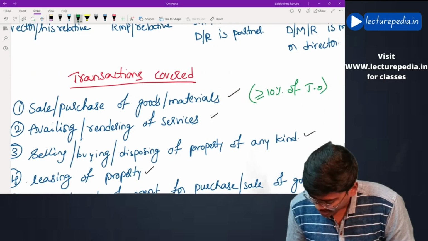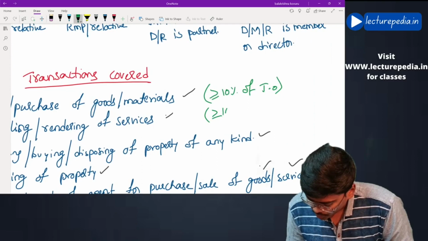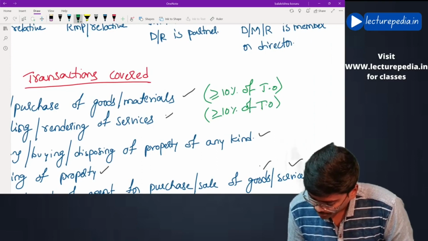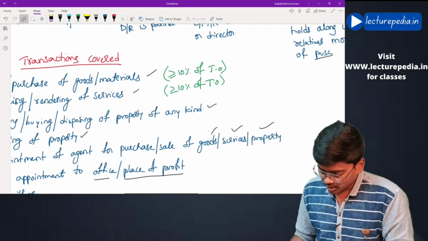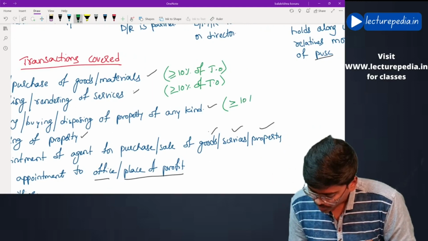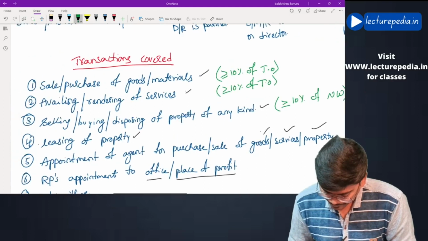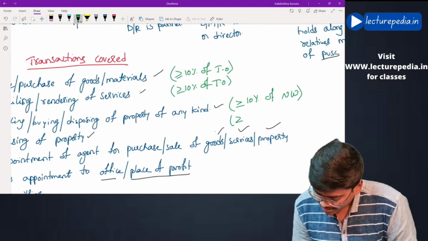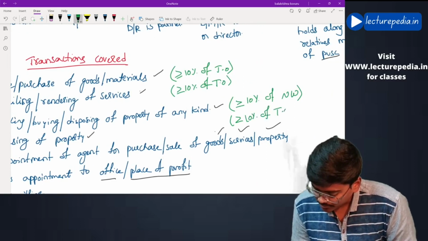In case of availing of services also, exceeding or equal to 10% of turnover of company. In case of selling, buying, disposing of assets, the limit is exceeding or equal to 10% of net worth of the company. In case of leasing of property, it is exceeding or equal to 10% of turnover.